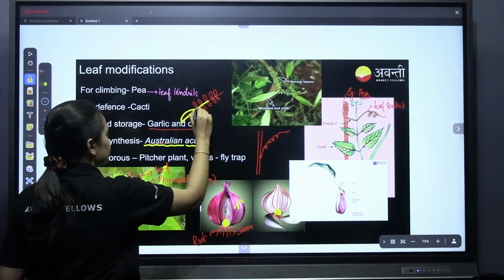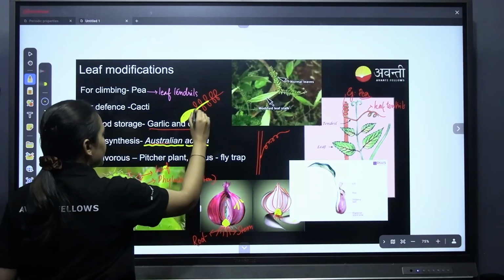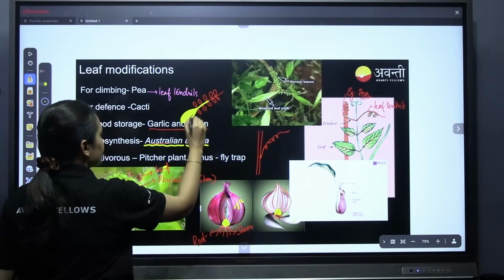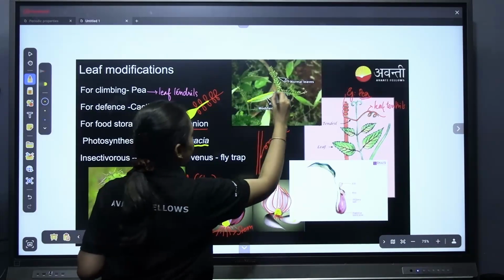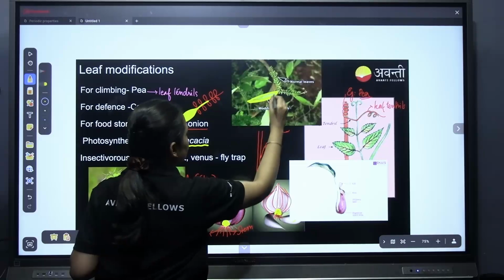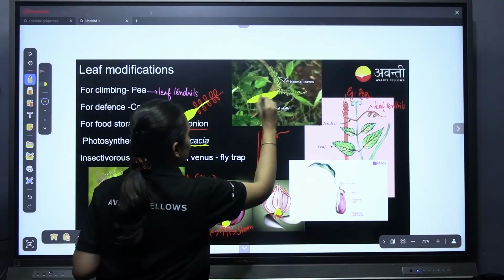will get swollen and becomes like this. This part, if you see, has now become swollen for photosynthesis.